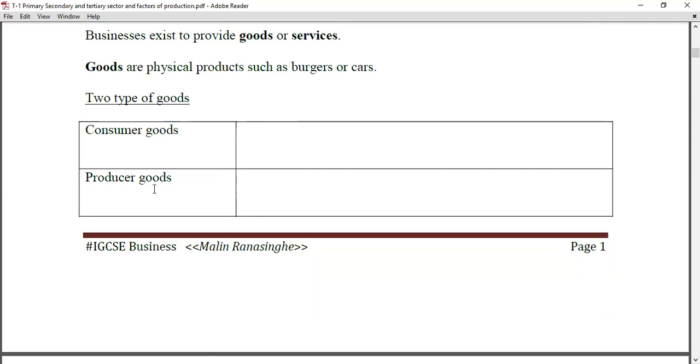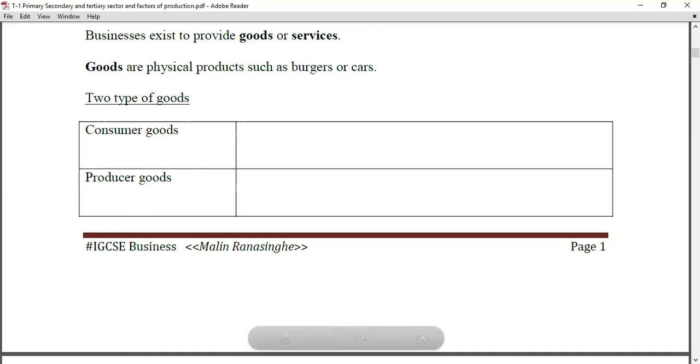And producer goods mean the goods and services produced for businesses, for example a photocopy machine, industrial cleaning, company security, market research, a tractor, a bulldozer. We don't need tractors and heavy harvesting machines. Only businesses need that kind of goods, and services like market research, not ordinary people.